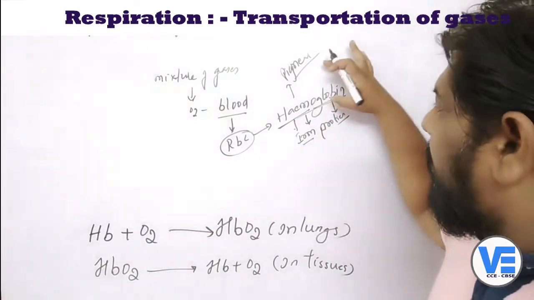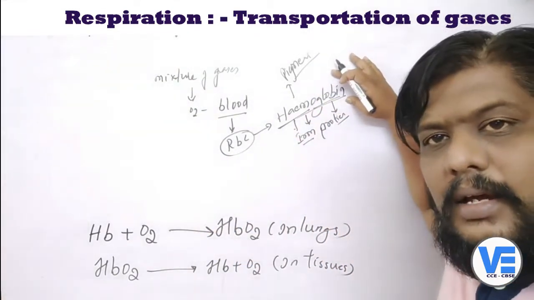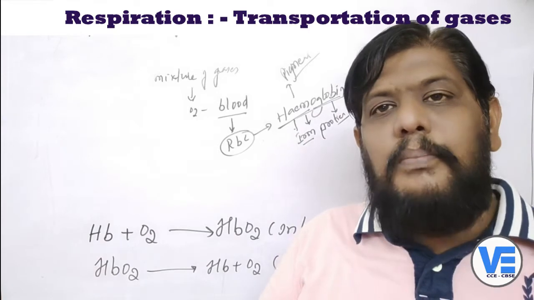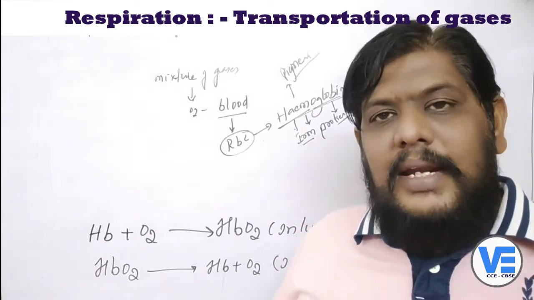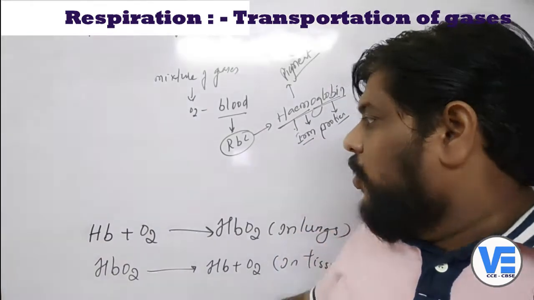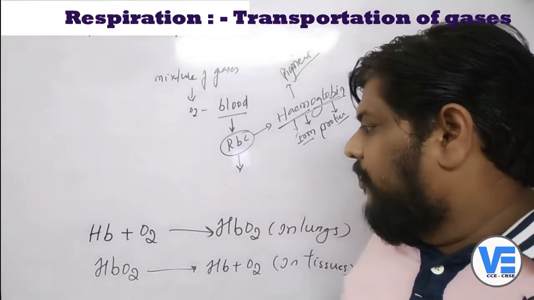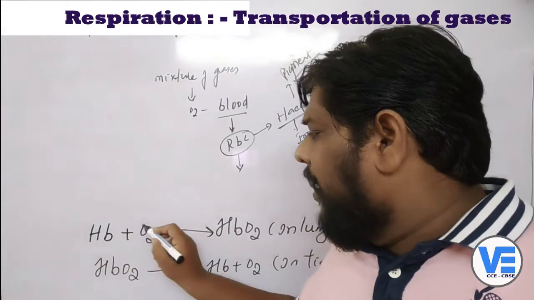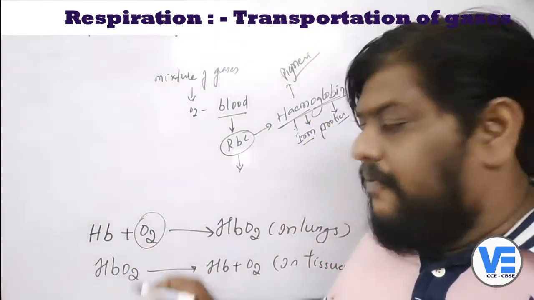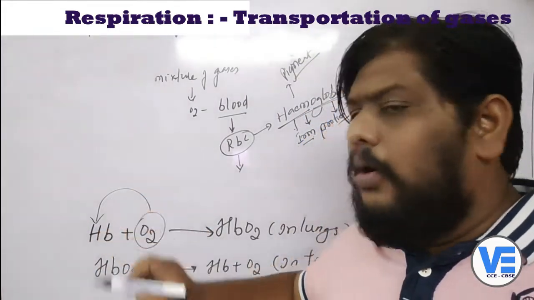So this hemoglobin is not only giving the color, but it also has a very important role to play in the transportation of the gases. When the blood receives the oxygen, immediately the oxygen binds to the hemoglobin.